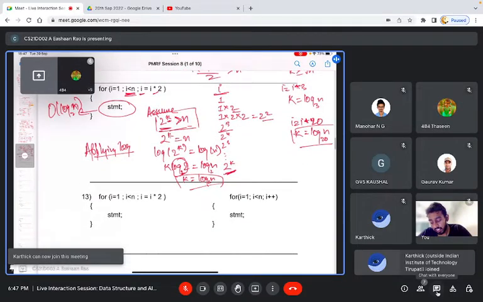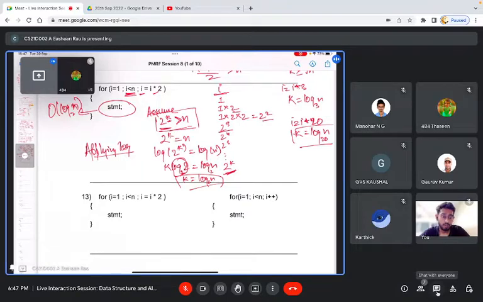Now another way you can see the difference between two functions is this. On the right hand side we have a for loop which is incrementing by 1. So the I value will be increased by 1 plus 1 plus 1 plus 1 like this till a certain point, which is basically n.